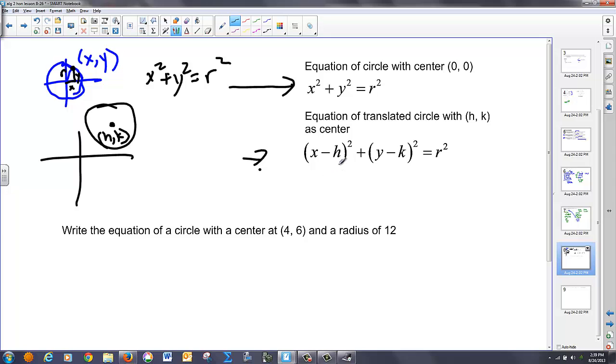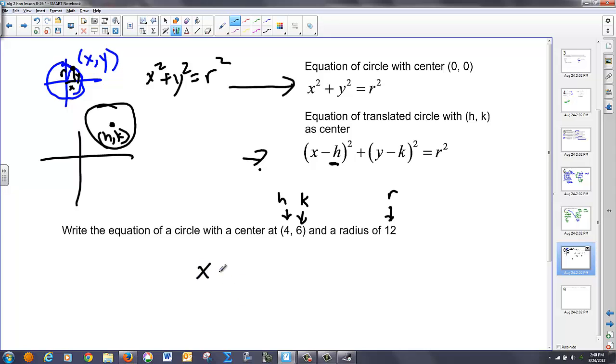So my h value is my horizontal shift. The center has been moved 4 over, so 4 acts like my h, 6 acts like my k, and 12 is my r. So it's just basically plug and chug.